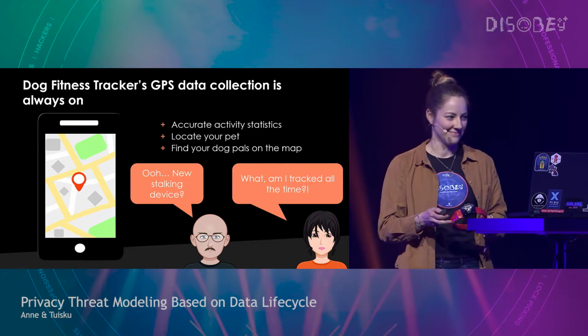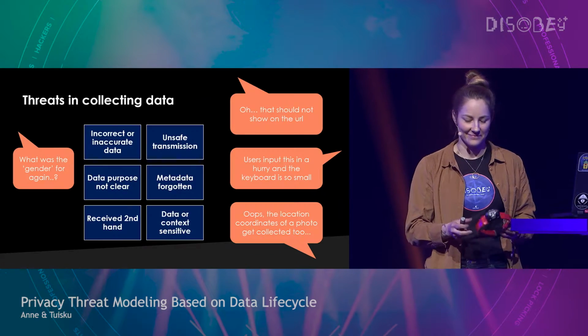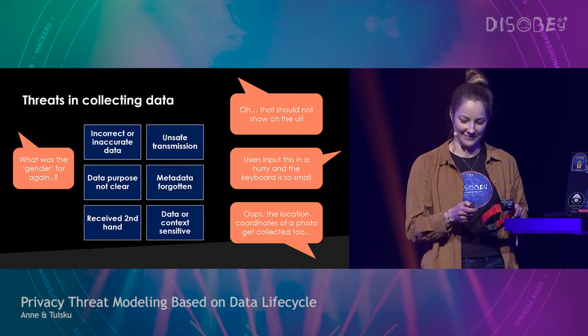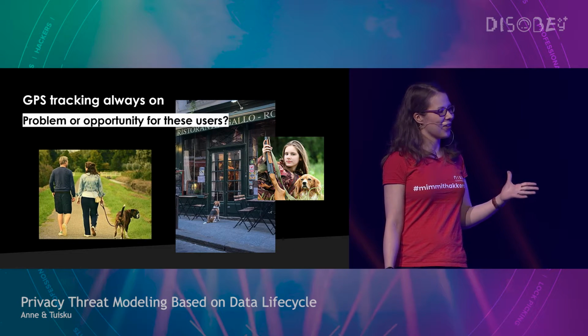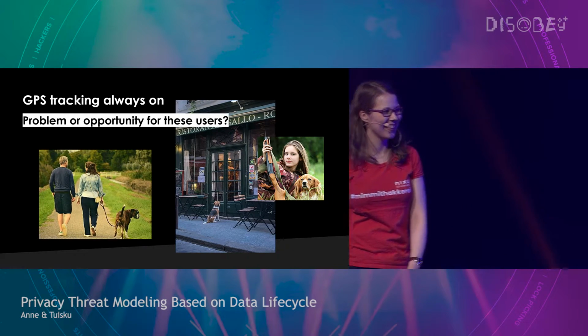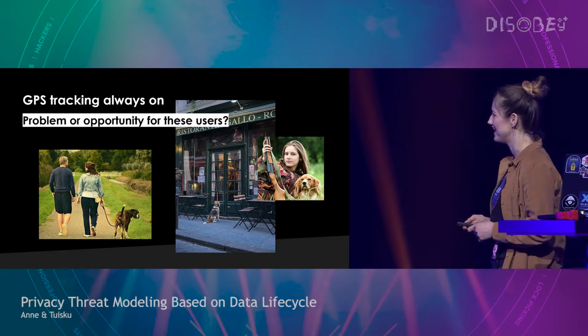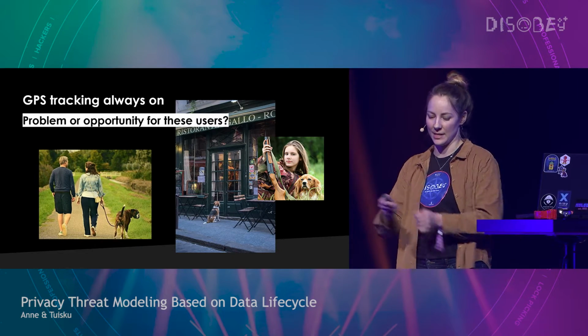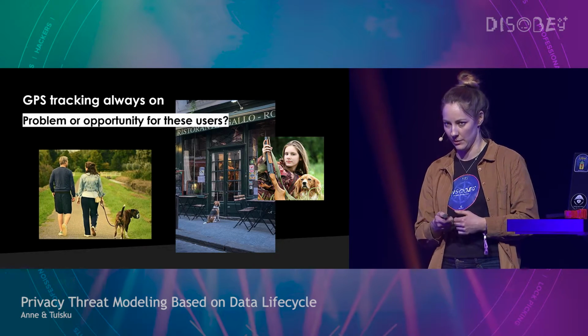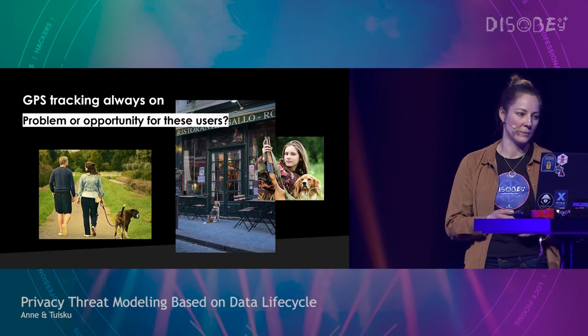OK, let's do that. Just to remind you about the users. It's a good idea to, at every step, just think about, is this an opportunity or could this harm the users?